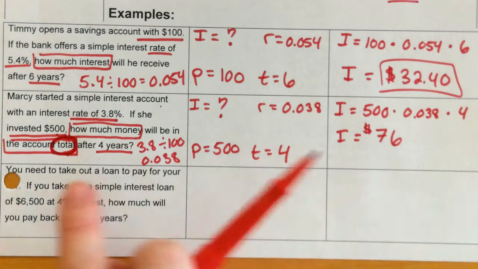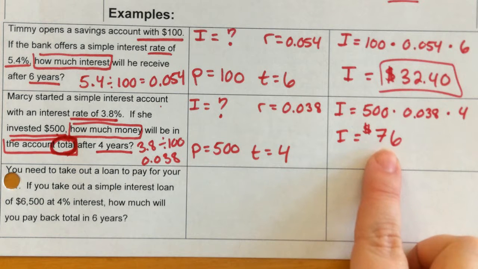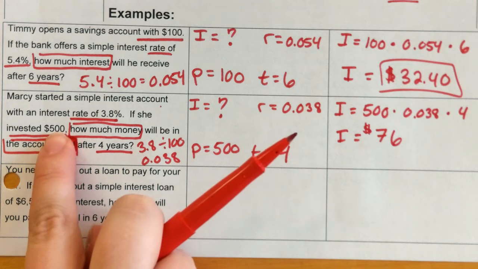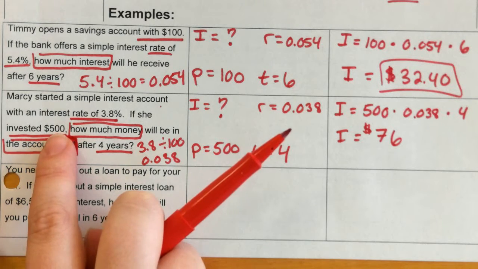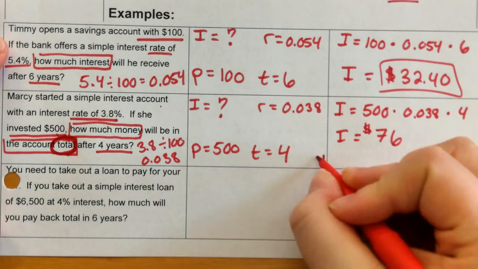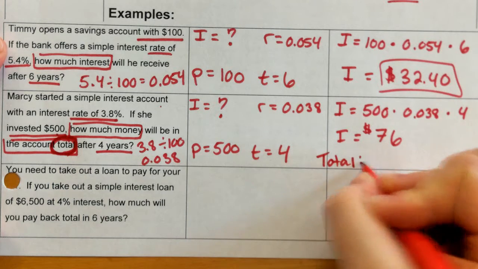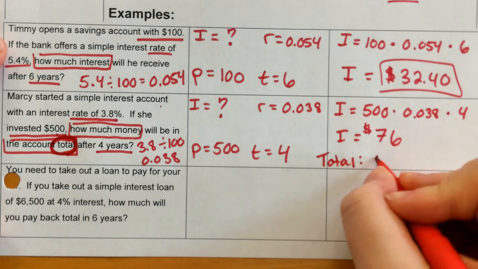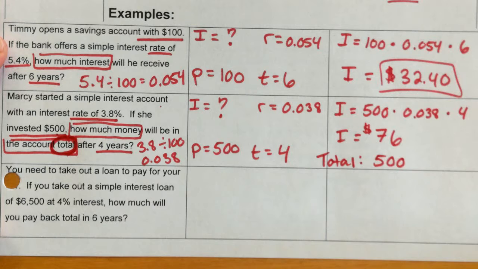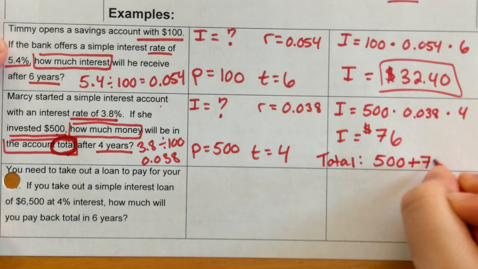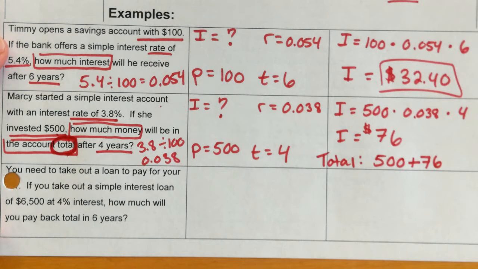So let's think. She earns this much interest, but she put $500 in the account to begin with. That $500 is still there. So when that question asks us for the total amount in the account, it's going to be the $500 that she started with plus the $76 she made in interest.